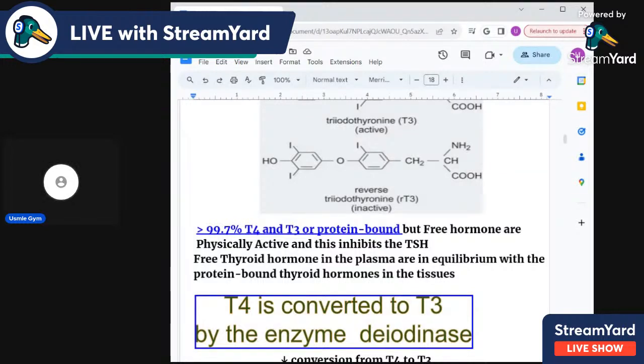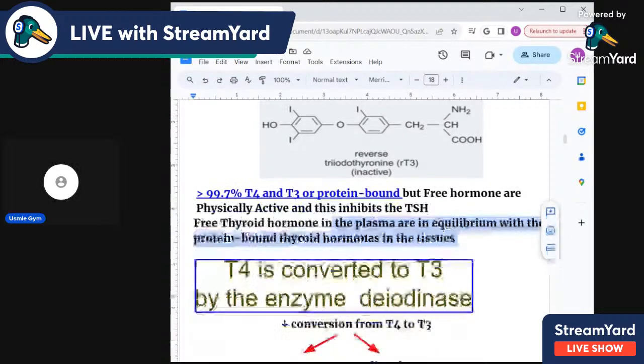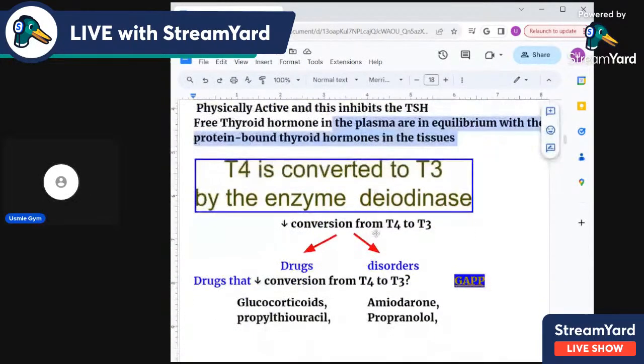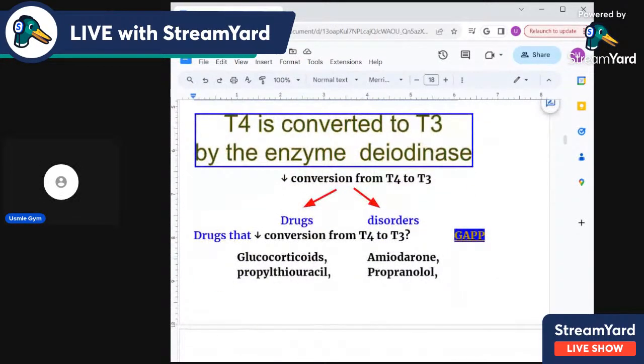Free thyroid hormone in the plasma is in equilibrium with the protein-bound thyroid hormone in the tissues. So when the free form gets reduced, the bound form releases the free form. T4 is converted to T3 by the enzyme deiodinase, so this conversion of T4 to T3 is important.